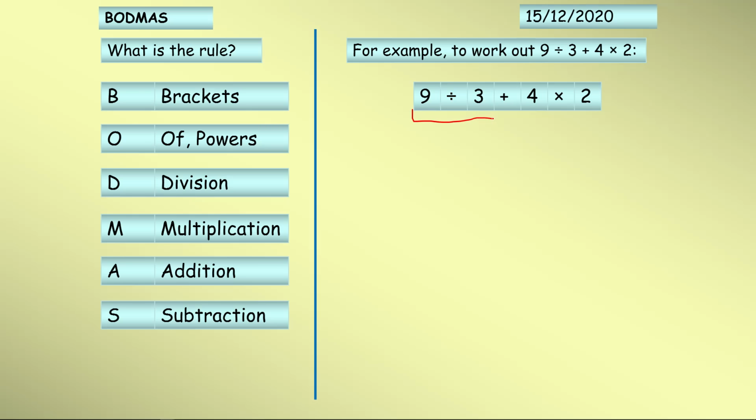So we do 9 divided by 3 is 3, plus 4 times 2, equals, and then it's either plus or times, and we do the multiplication next. So 4 times 2 is 8, but it stays in the same place. We don't swap them around, and 3 plus 8 equals 11. So hit pause, copy the notes down, and once you've done that, I've got some questions for you to answer. Okay, so hit pause, copy these down.